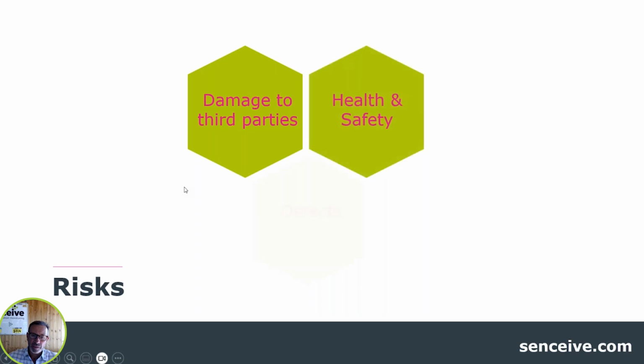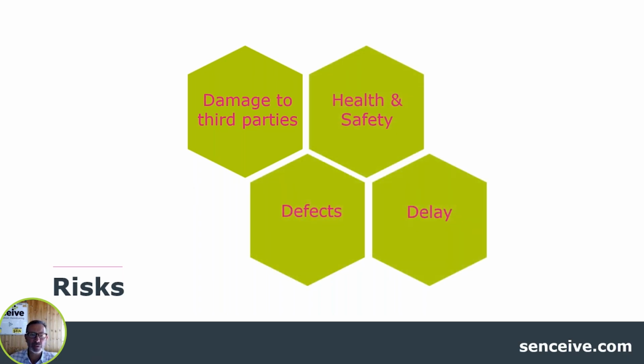At each of those stages, I think there are risks. They vary. I think there are risks of damage to third parties and a need to defend yourself against claims and litigation, as well as to prevent them happening in the first place, of course. There's a risk of injury, or there are risks of inherent defects being built into a structure, which could arise later as being the basis of expensive claims.